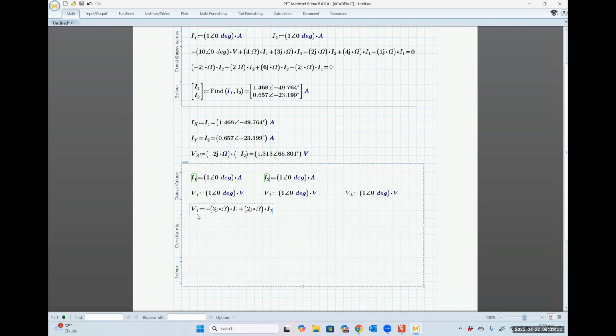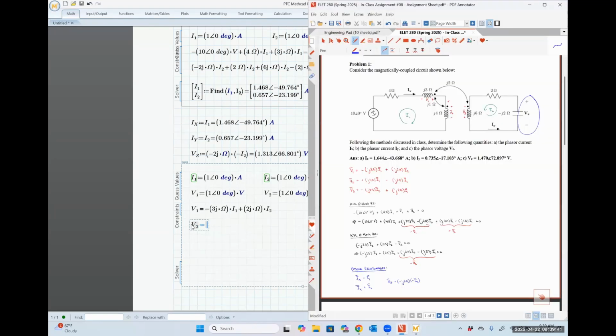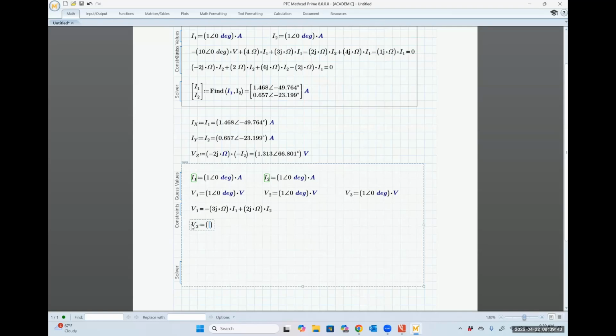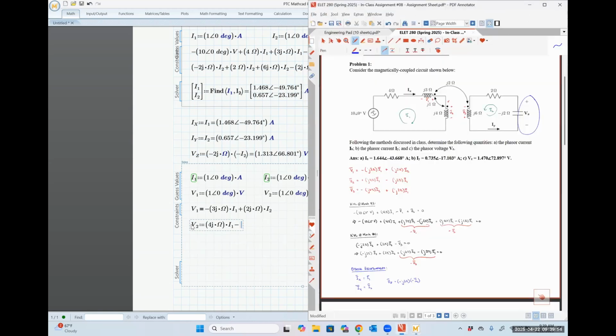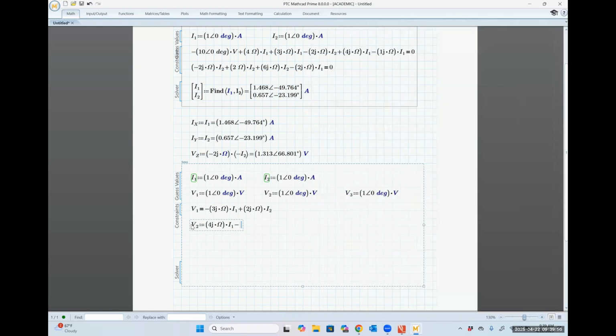Oh, and actually that should be a control equal. V2, I have J4 times I1 minus J1 times I1.